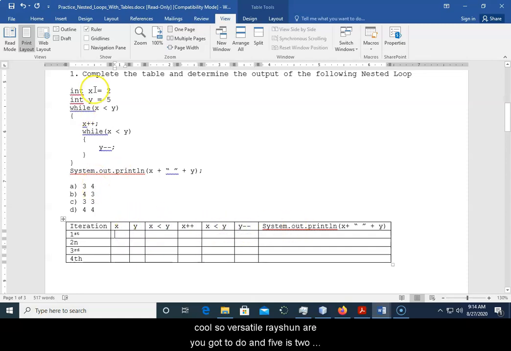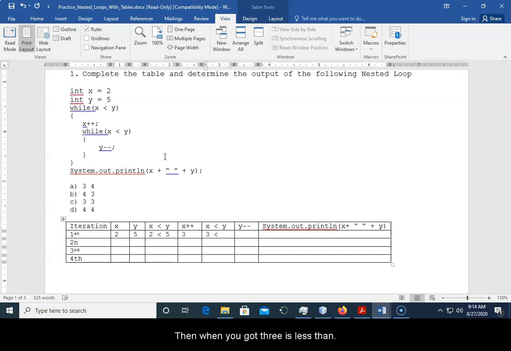So first iteration, you've got 2 and 5. Is 2 less than 5? Yes. So we add 1 to x. x becomes 3. Then we've got 3 is less than y, which is 5. That's true. So y becomes 4 because we subtract 1 from it.